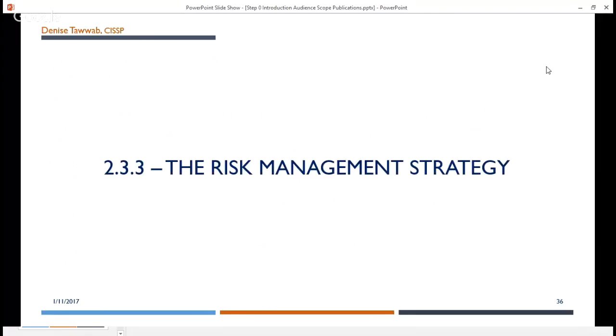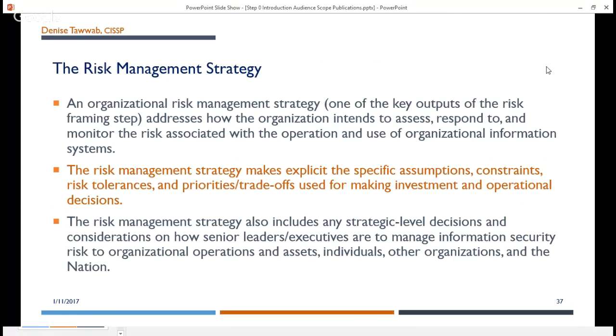All right, the risk management strategy. The risk management strategy is one of the key outputs of the risk framing step. Remember, the first step in the risk management process, according to NIST, is risk framing, and out of that comes the risk management strategy.